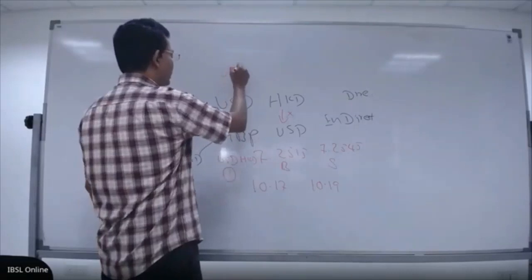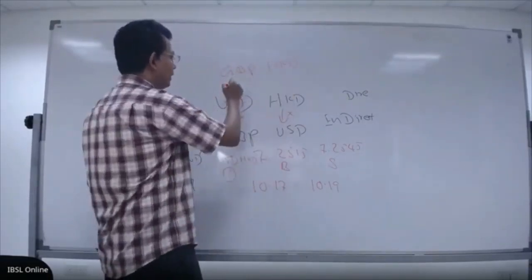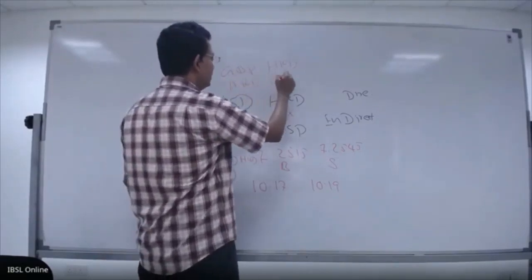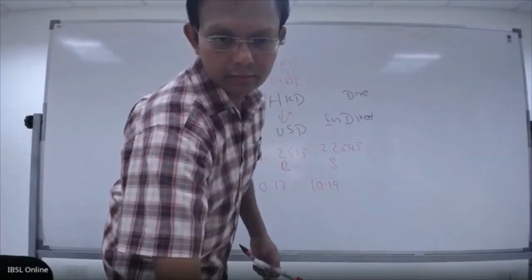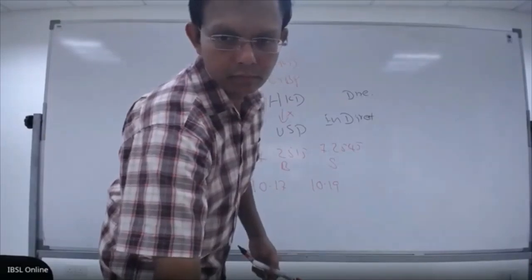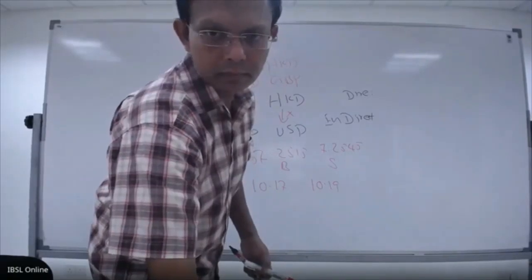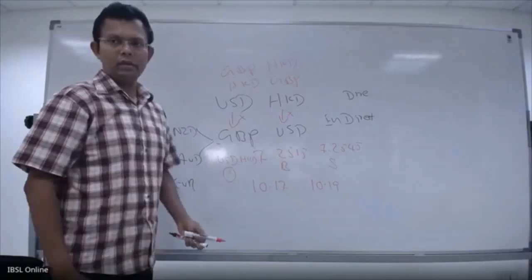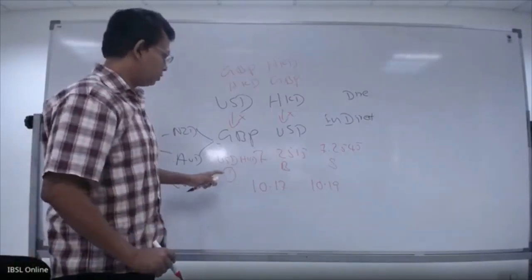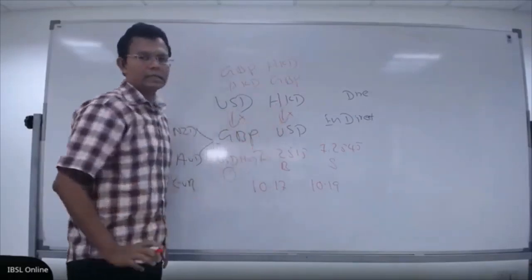So either you can find out GBP HKD or HKD GBP. Now straight down and multiply, that you can understand.